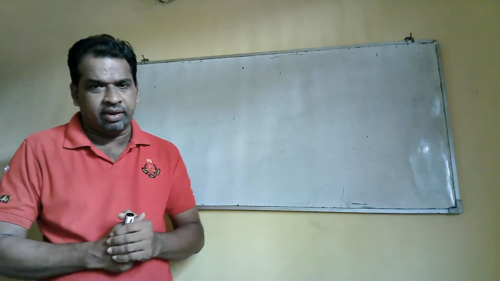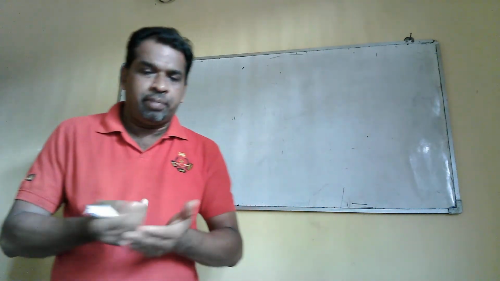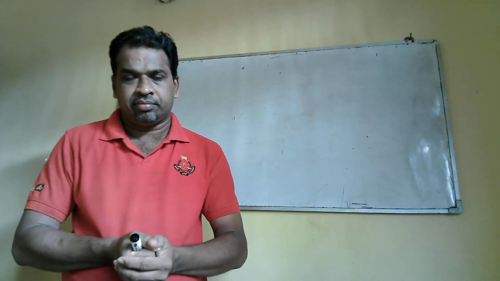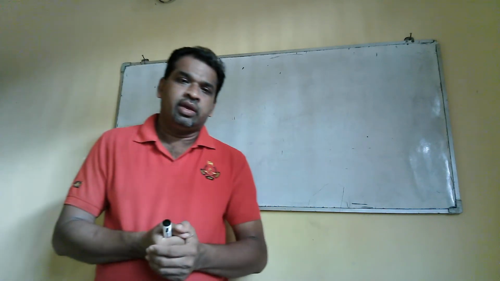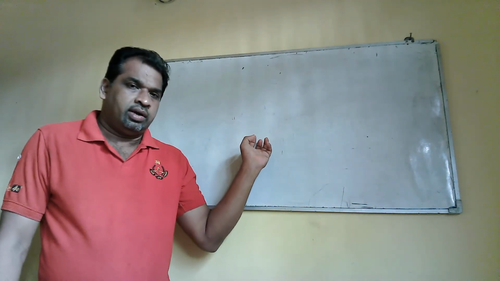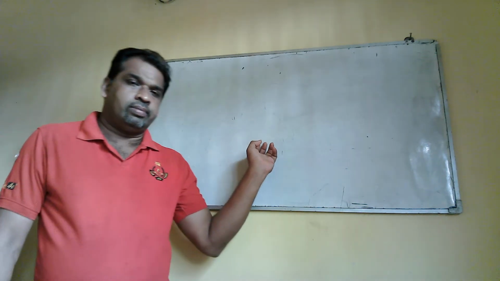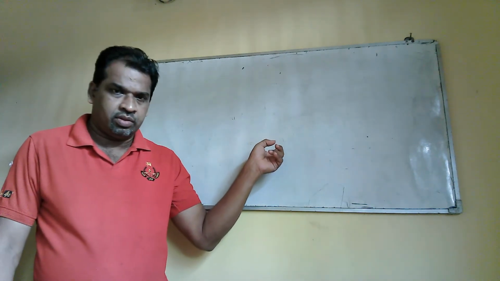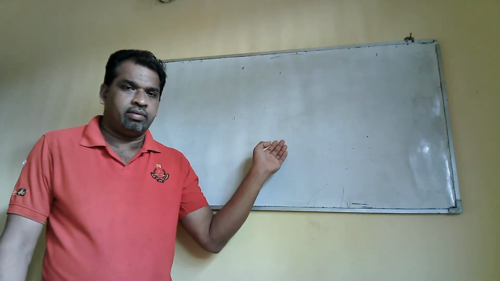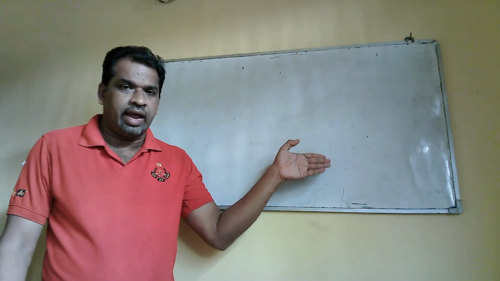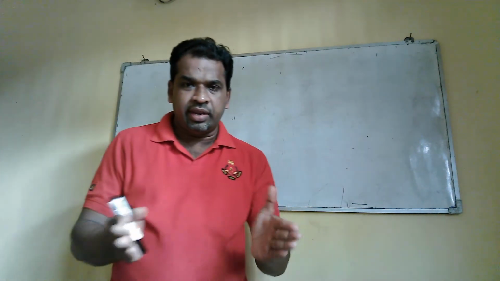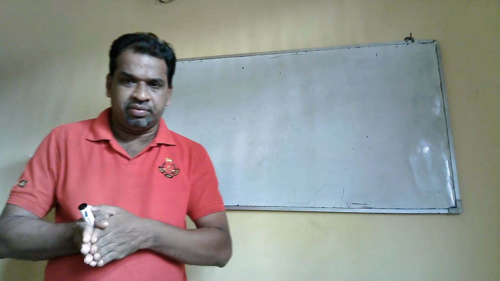Then third comparison, no price for free goods, but for economic goods price is there. Then if you take free goods, no scarce resources, abundant. That means it is not limited. But if you take economic goods, they are limited. Likewise, you can compare the difference between economic goods and free goods.